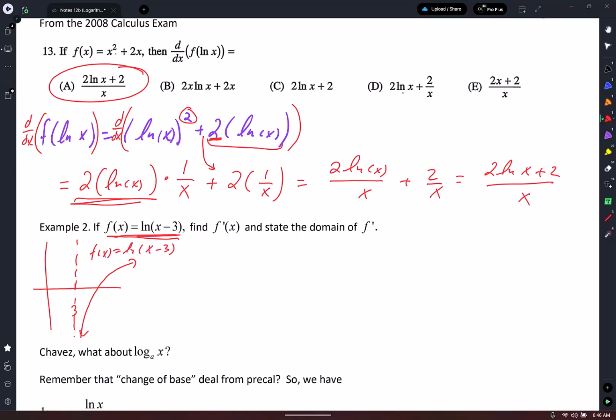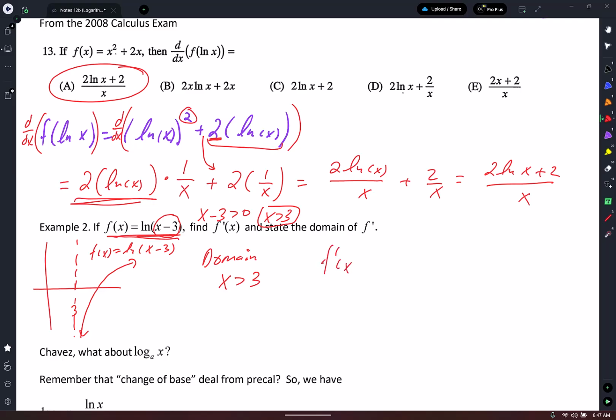So the domain is x greater than 3. And if you want to be a robot, you can just say the expression on the inside has to always be greater than 0, and then just move the 3: x greater than 3. So there it is. I already stated the domain of the derivative. And now we're just going to take the derivative of that.